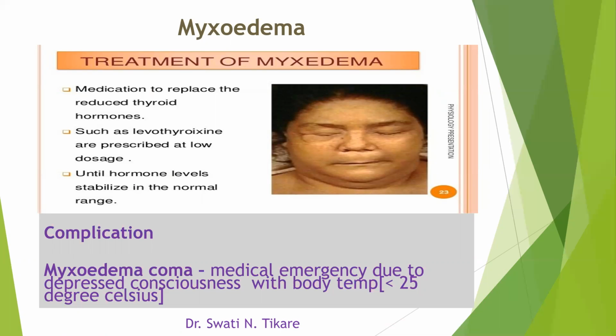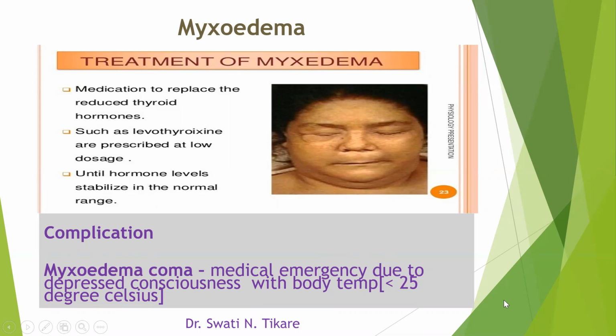That is, a patient who is a known hypothyroid suddenly becomes very lethargic, depressed, and loses consciousness. There is hypothermia, body temperature becomes less than 25 degrees. It has to be very quickly identified and treated immediately, otherwise it can be catastrophic. So this is one of the complications of myxedema.